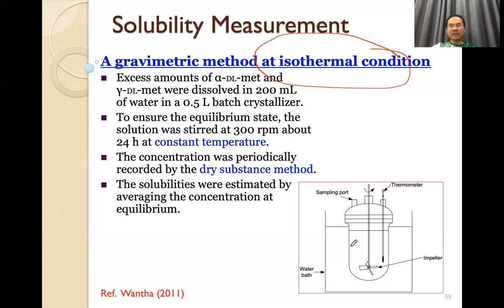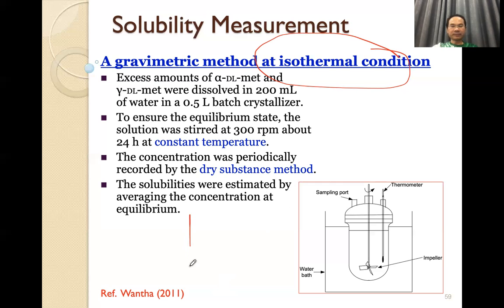We collect or sample the solution, and then you filter. You get the clear solution and solid. The solution you have to measure the concentration, and then you plot the concentration against time.